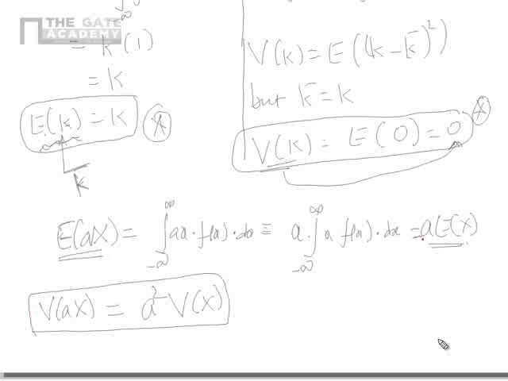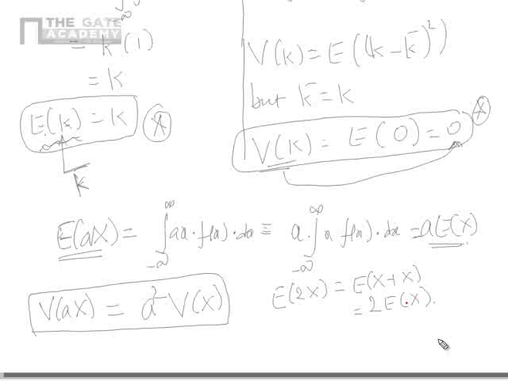So in short, if I have to write, the expectancy of 2x is nothing but the expectancy of x plus x. This is nothing but 2 times the expectancy of x. Correct?